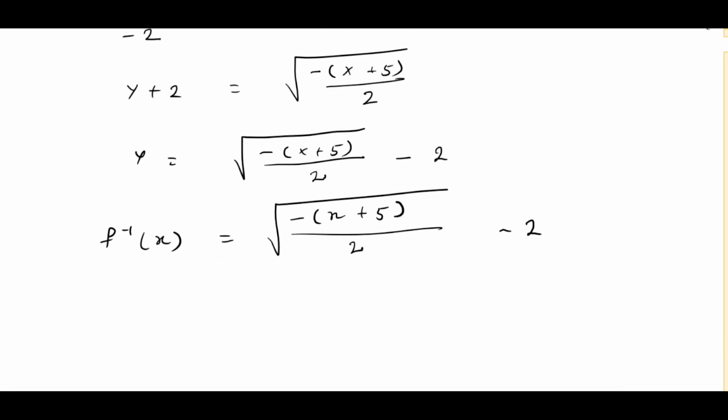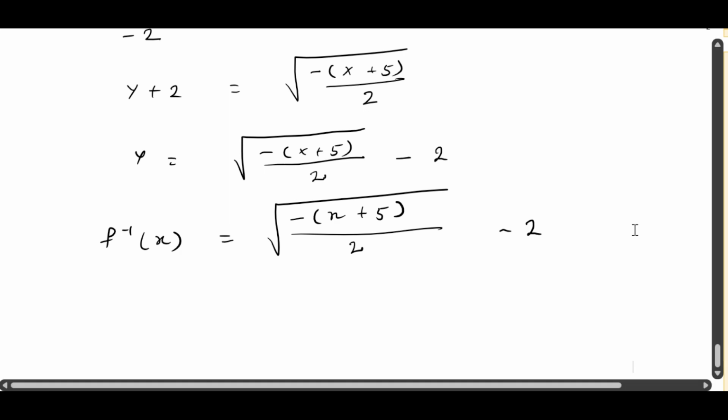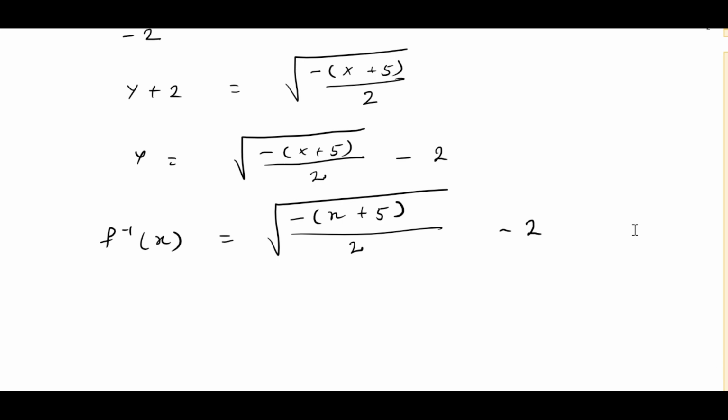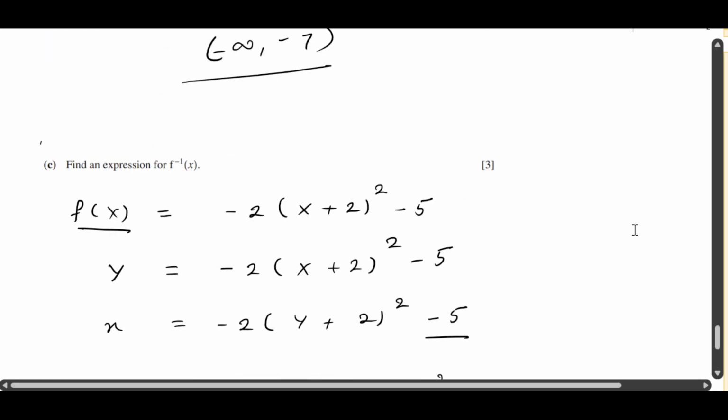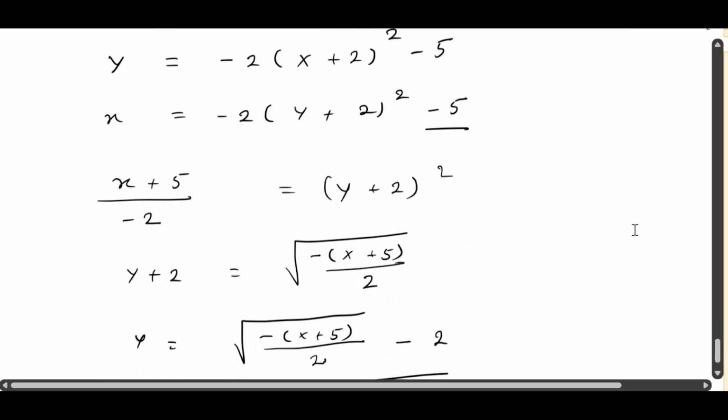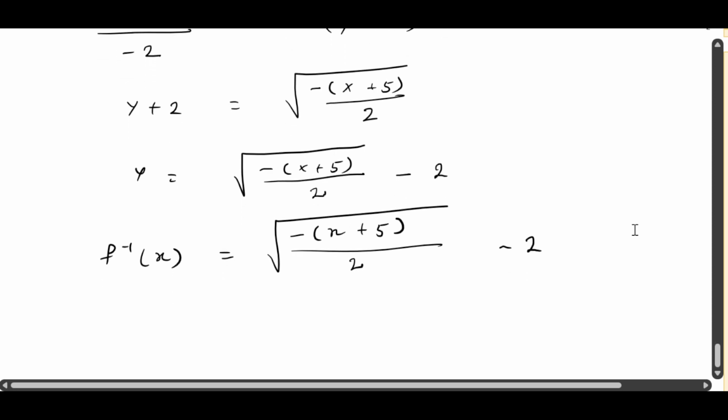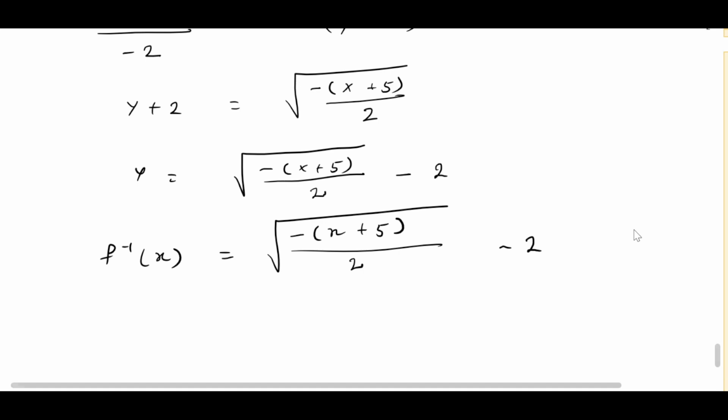It's (x plus 2) square. When we take the square root, two possibilities are there.